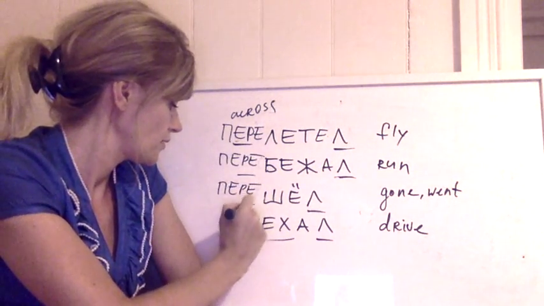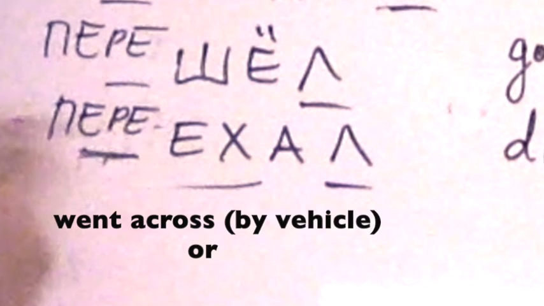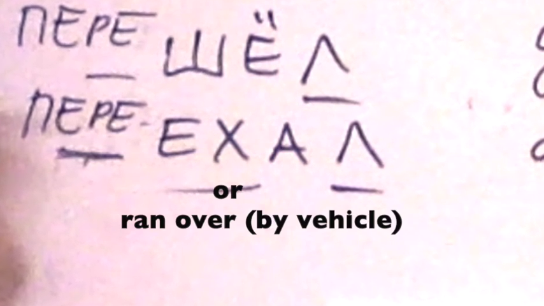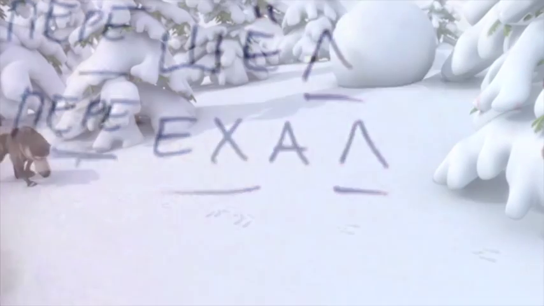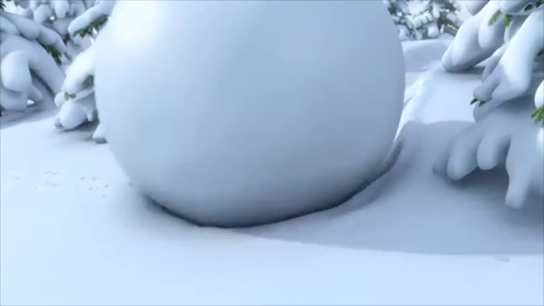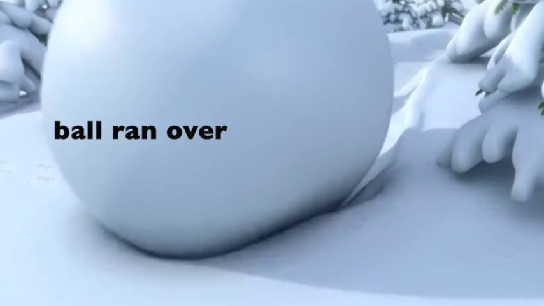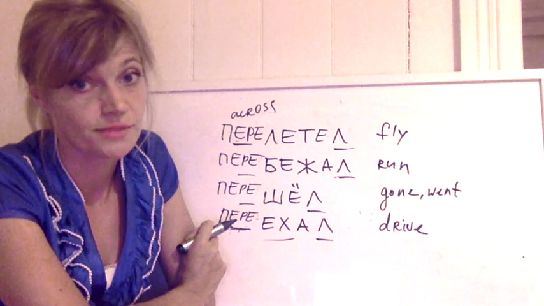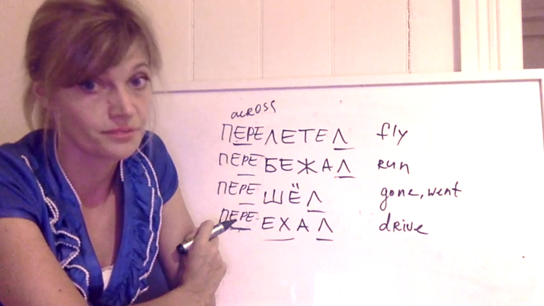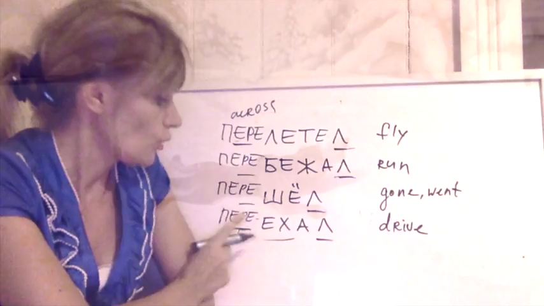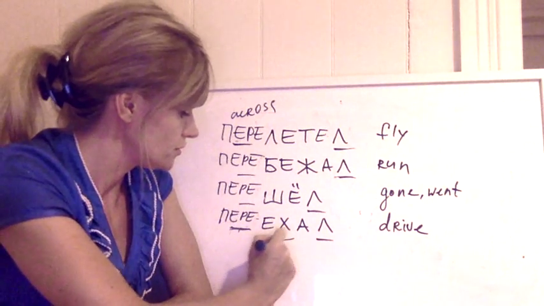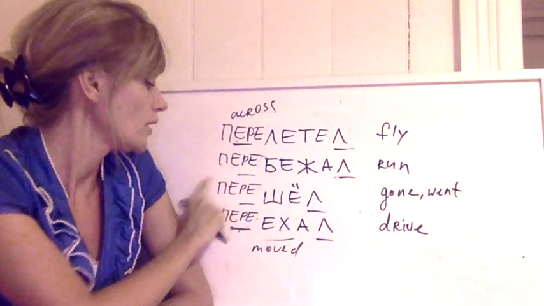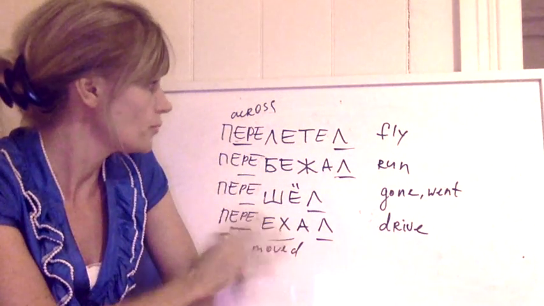Переехал, run over somebody or something. It can also mean moved from one place to another. You see what the prefix is doing with the verb.